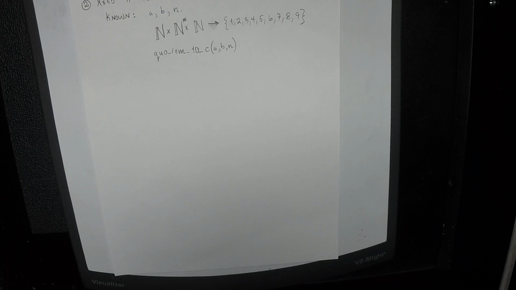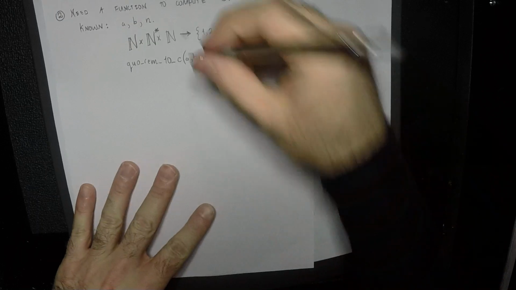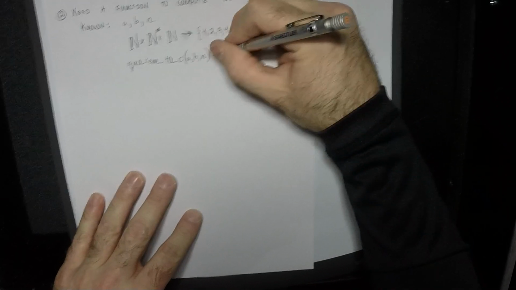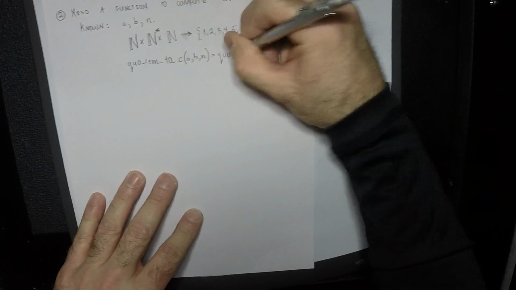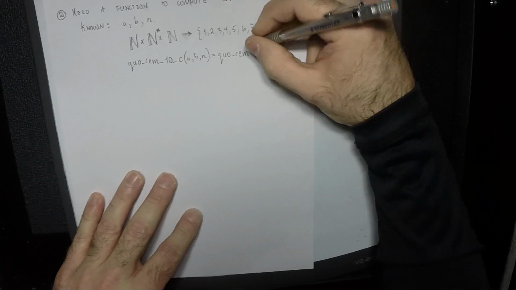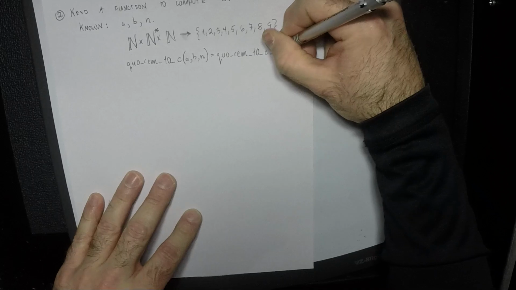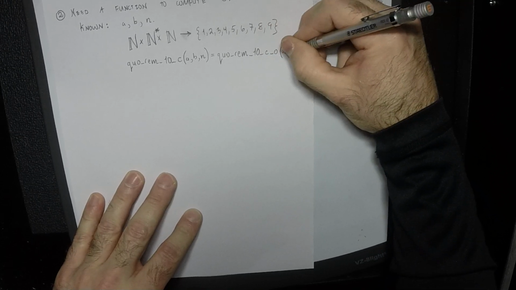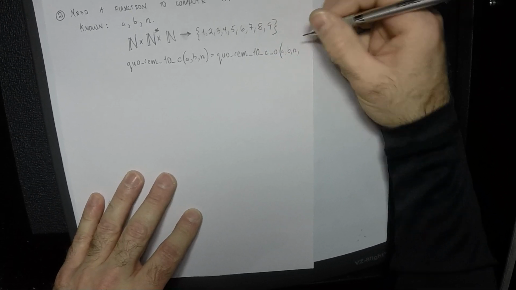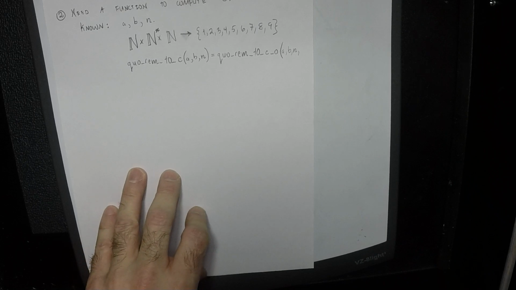We're going to make another function that includes all of these arguments and also the C. So, okay, quo rem 10 C 0. So it will have A, B, N, and what do we need to initialize it to?